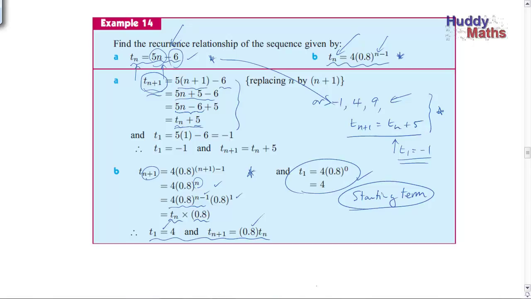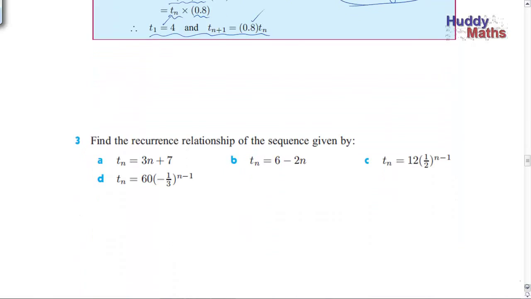Alright, so I think probably I want you to look at trying to do it both ways, actually listing the terms down and spotting whether it's arithmetic or geometric, and then also this algebraic idea here and here, putting in n plus 1 in place of n, and trying to connect it back. Alright, want to have a go? Let's have a go, and here we are.